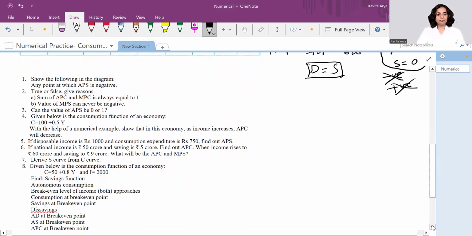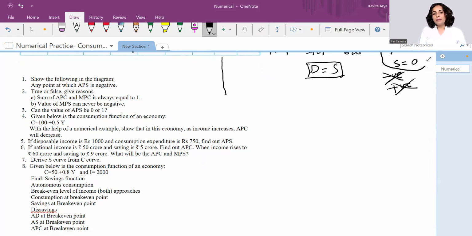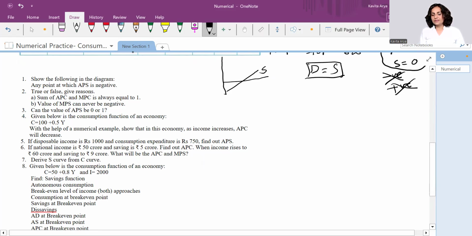Show the following in the diagram: any point at which APS is negative. The very first question can be done very easily. When APS is asked, mind you, I have to make the S curve, and S curve is this. So wherever you want to show this point, as long as it is below the x-axis, you are right.